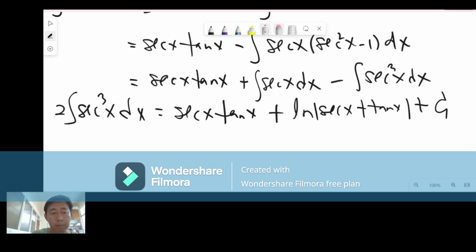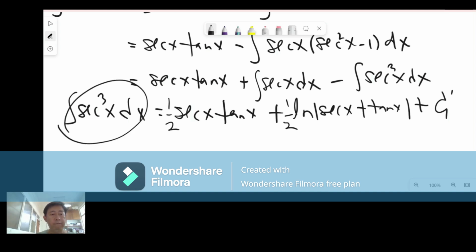I then move the factor of 2 from the left to the right hand side. Then I will have a factor of half here and a factor of half here. And this is then the arbitrary constant. We have come to the result of the integration of secant cube x, which is given by this expression.